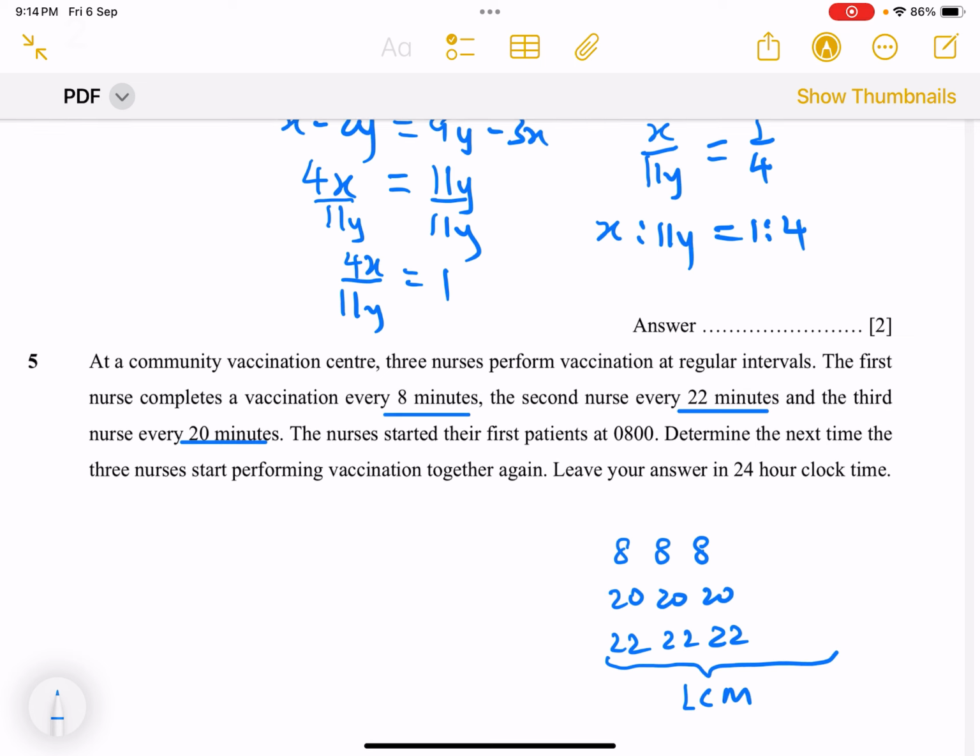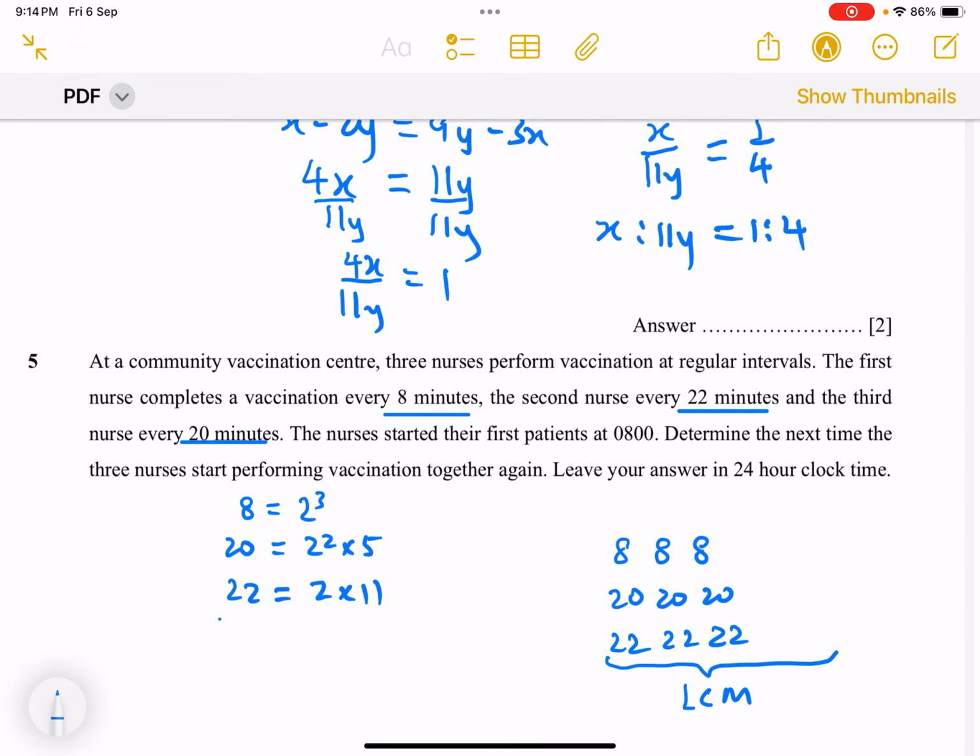So because we have to find the common value that all these numbers will add up to, that means we are finding the LCM, and 8 is just 2 cubed, and 20 is 2 square times 5, and 22 is 2 times 11.